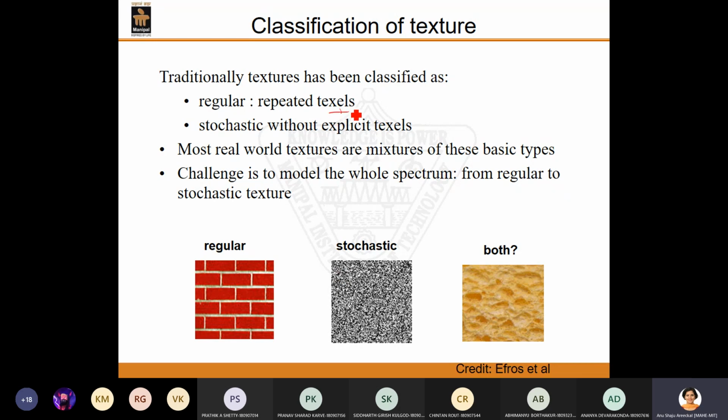And one term that you can note here is texel. Texel is basically the smallest element of the texture which is present in an image, or the smallest element that can be identified as repeating within a particular image.